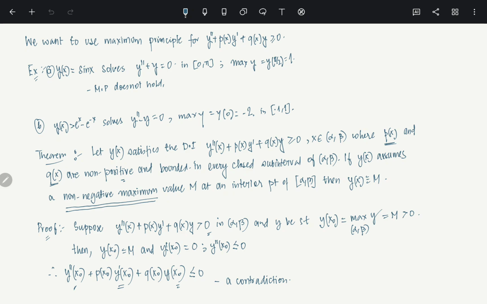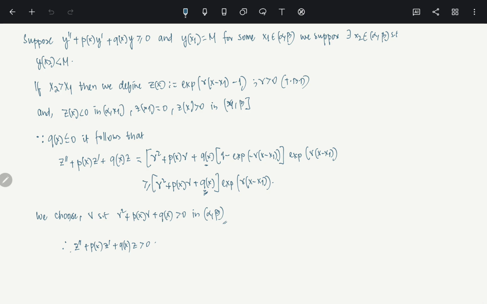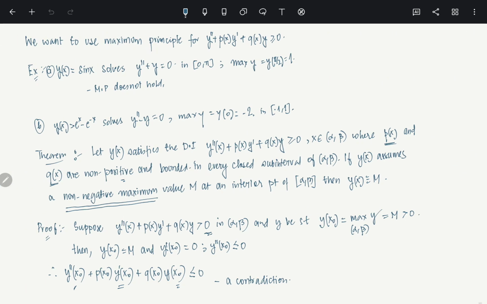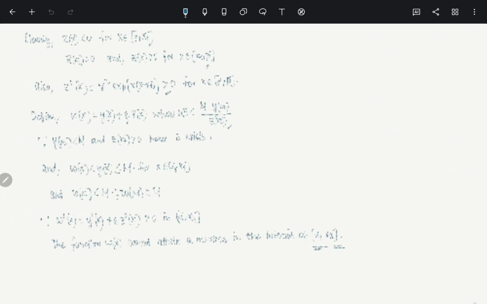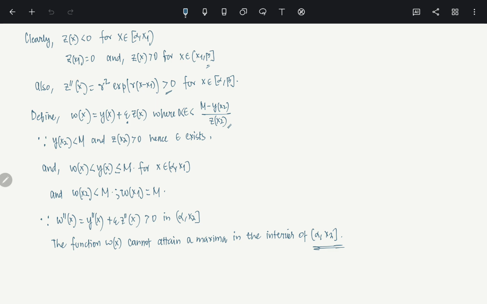If this expression is positive, then it has to be identically equal to m, if it assumes a non-negative maximum. So we can use that, and then use this logic which we used here.